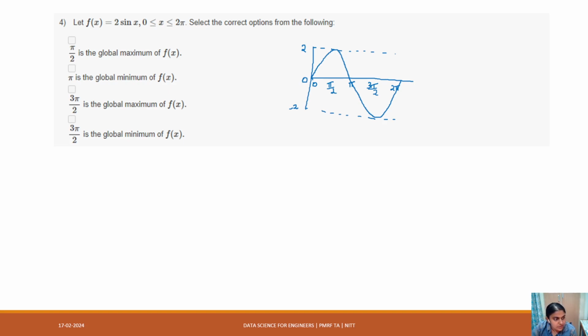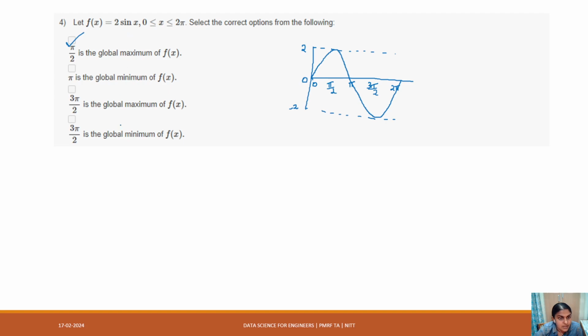Since we have not been given any other angle values, just pi by 2, pi, 3 pi by 2, looking at this graph you can find that the global maximum will happen at pi by 2. So this is one of the answers.